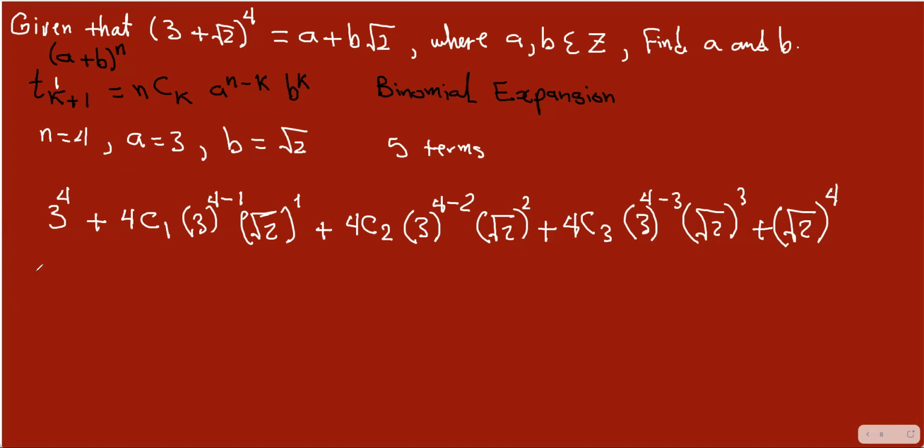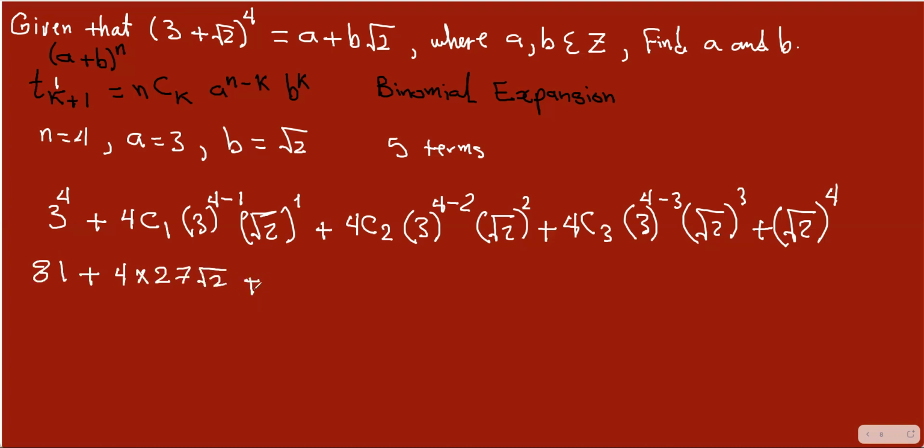Now, 3 to the power of 4 is 81, plus 4 choose 1 is just going to be 4, times 4 minus 1, which is 3, 3 to the power of 3 is 27. And then root 2 to the power of 1 is just root 2.